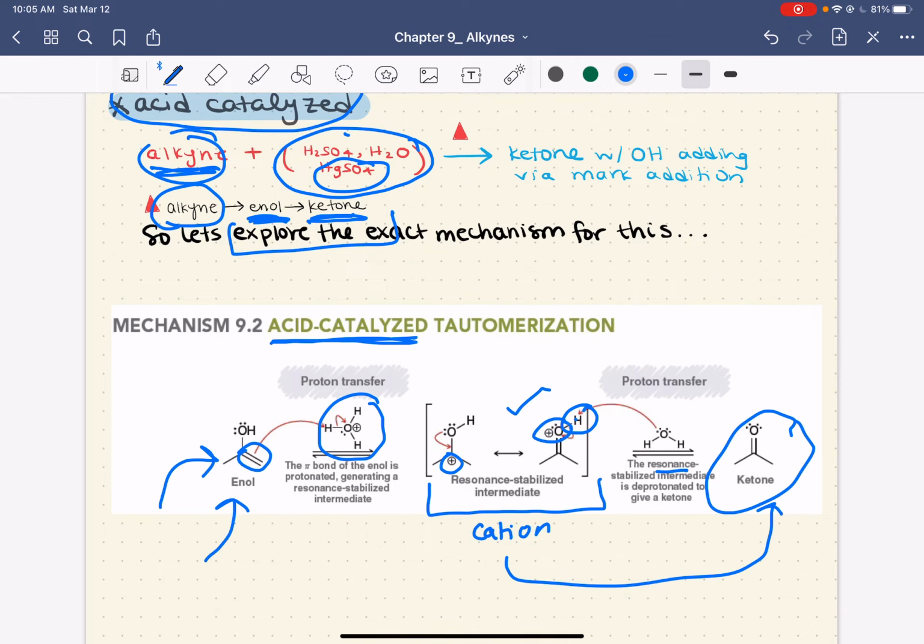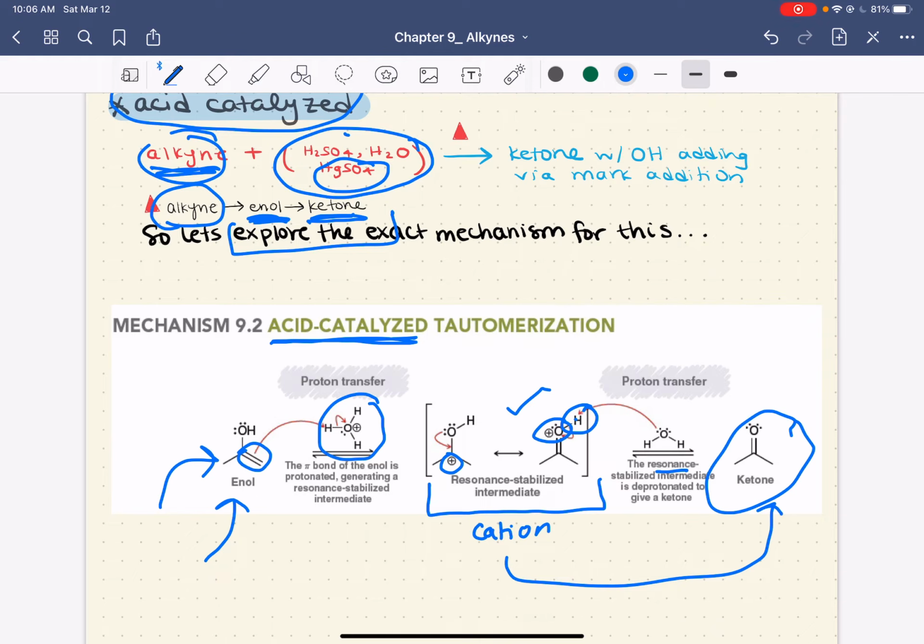Our enol can't be isolated because it converts to this ketone really fast. So you start with an alkyne, with this triple bond, and with this set of reagents it quickly converts into an enol, which tautomerizes to a ketone. So for acid-catalyzed hydration of a triple bond, you're ultimately forming a ketone.